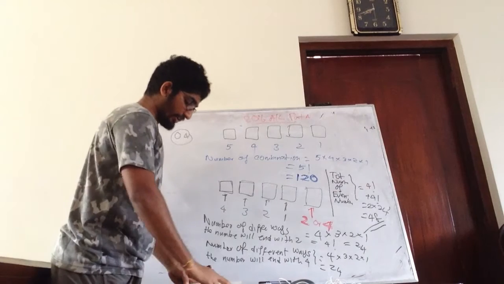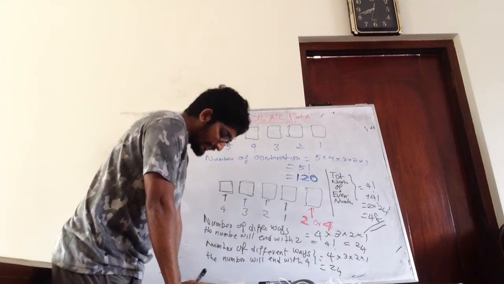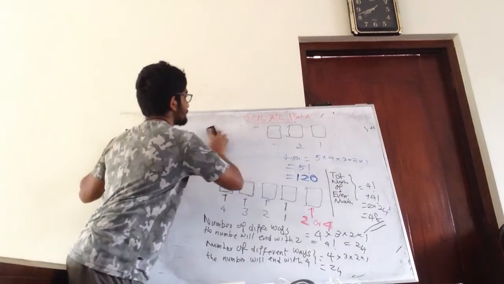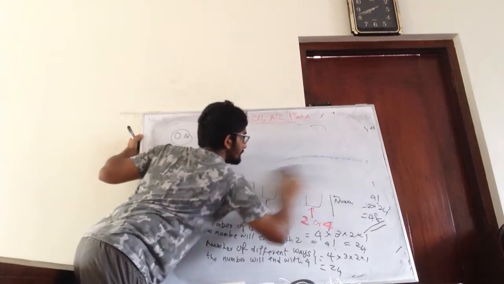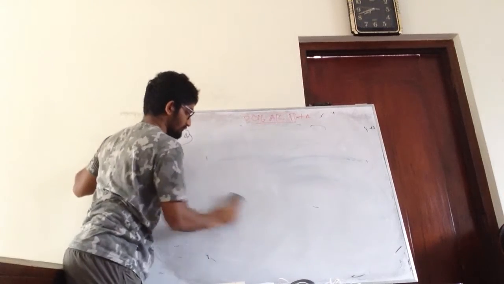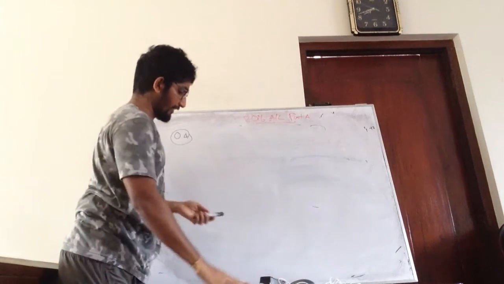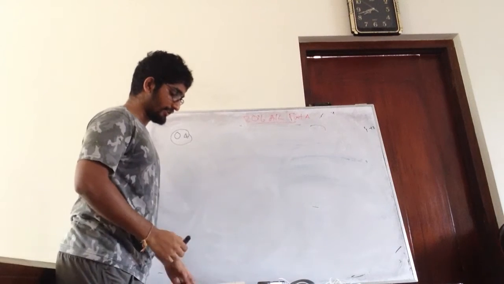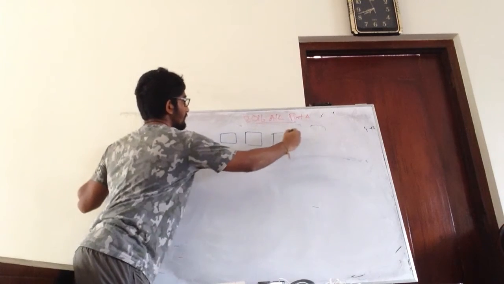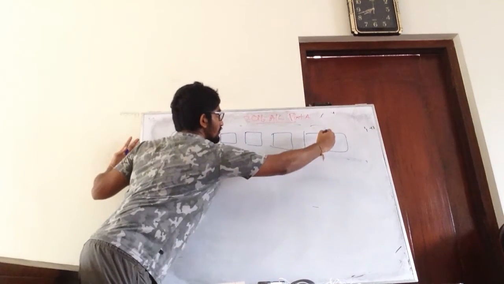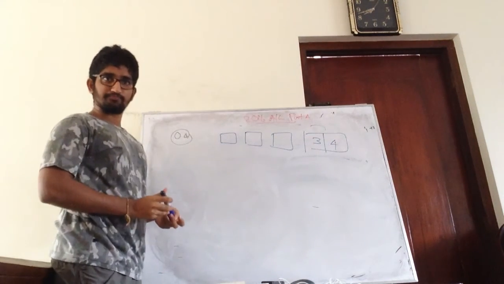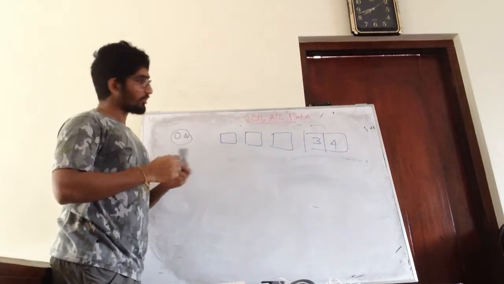What are they saying next? Have the digits 3 and 4 next to each other. What they are saying is that 3 and 4 are together.